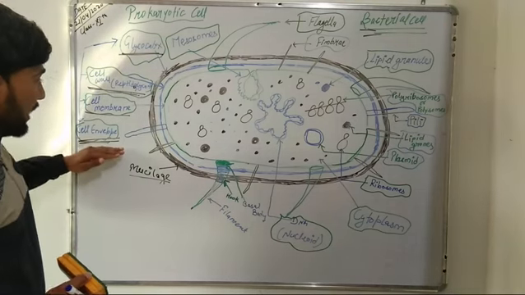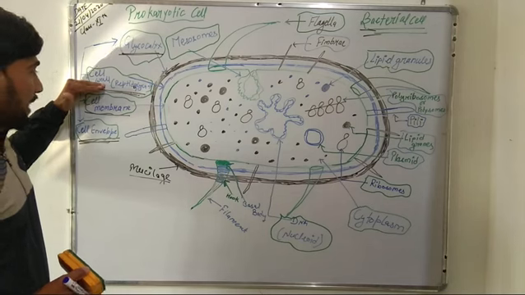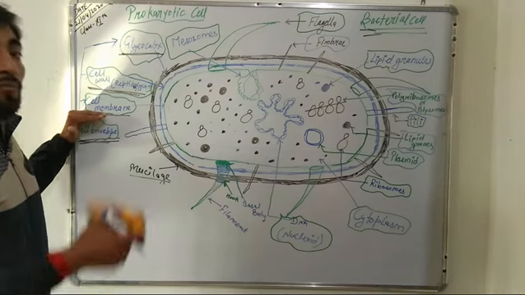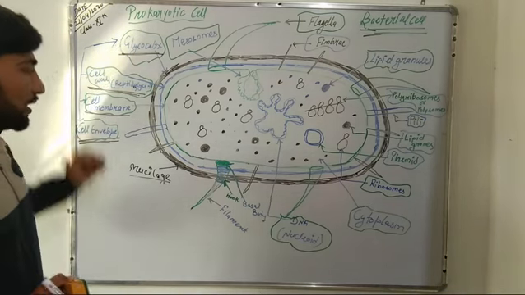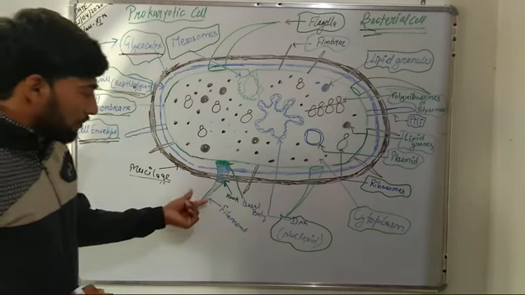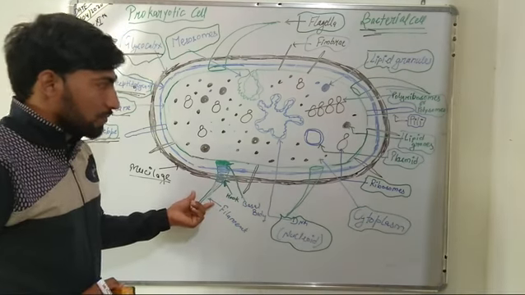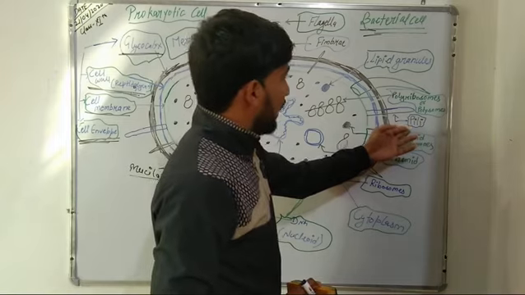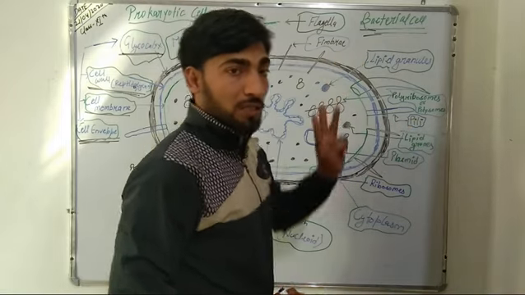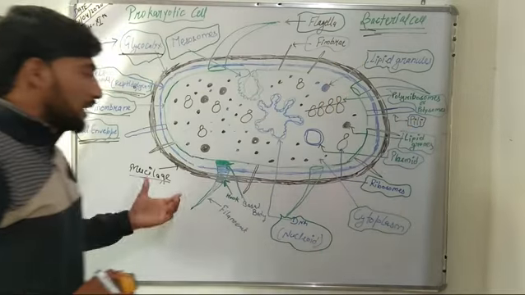Now the cell envelope basically includes the cell wall and the cell membrane and its modifications. The modifications of the cell envelope include the flagella, the pili and the fimbriae. So there are three modifications of the cell envelope.